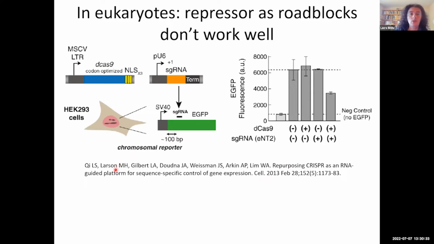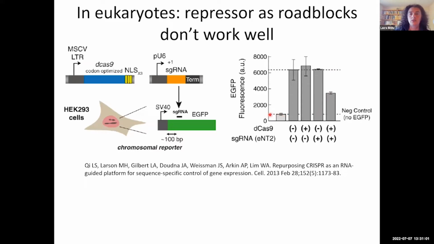So this is from an older paper where, again, my colleague Stanley Chi and people in Wendell Lim, Adam Arkin, Jonathan Westman, Jennifer Doudna's lab had targeted a reporter gene that expresses a fluorescent protein, so you can see what's going on with it, and had shown that if you just put the Cas9 there, you can reduce expression a little bit, but it doesn't work.